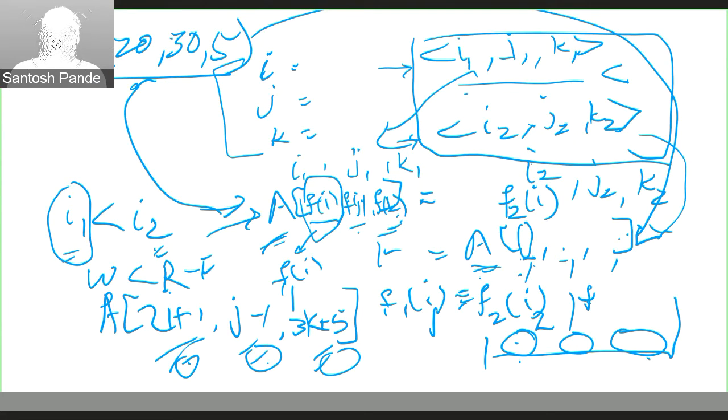The possibility that would lead to such a case would be something like this. Let's say I1 is equal to I2, J1 is equal to J2, but the iteration occurring in terms of the write, which is K1, is greater than K2.